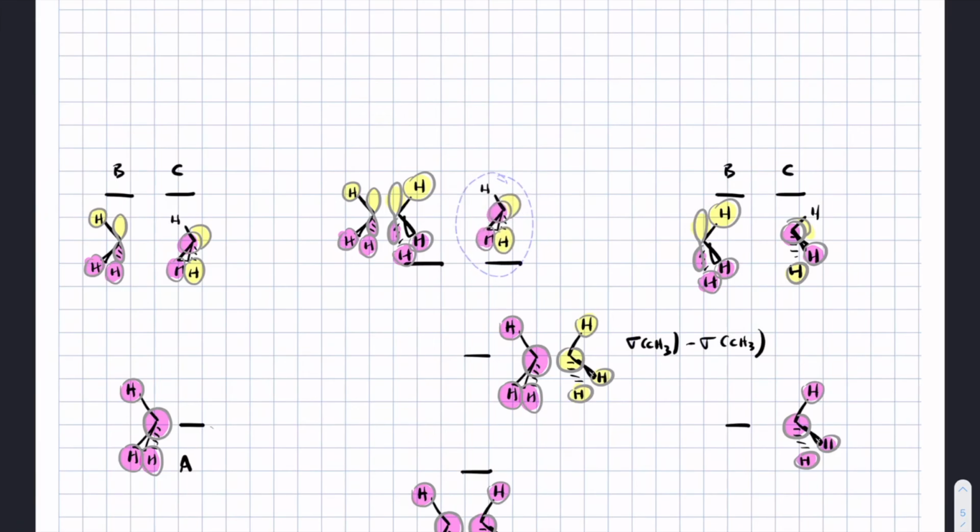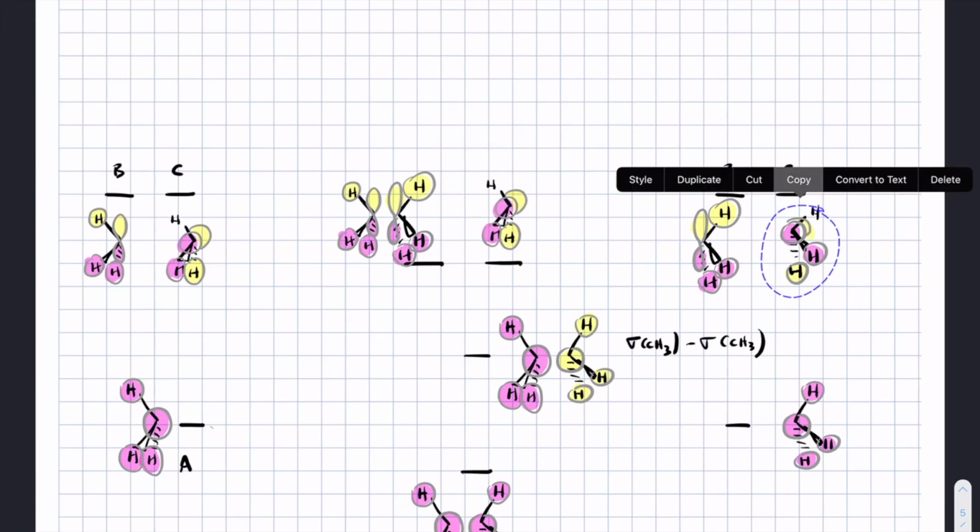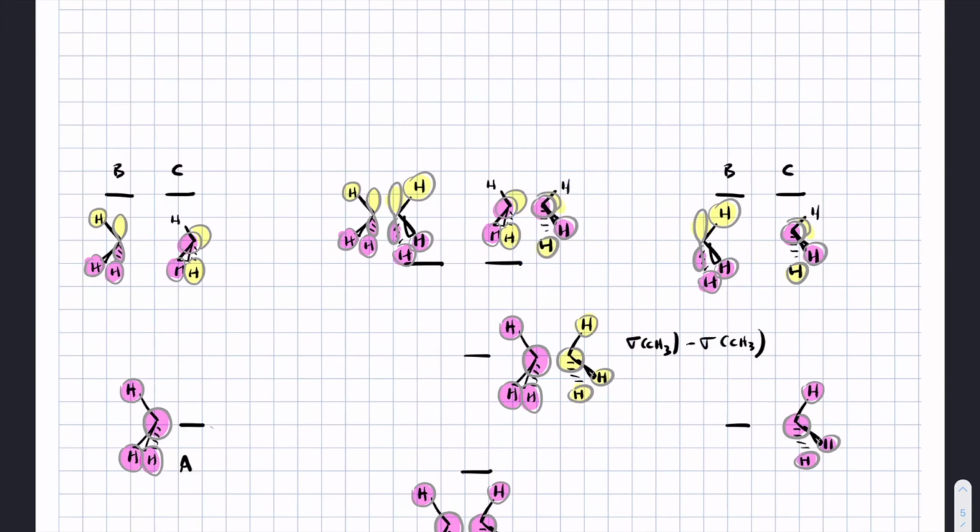And then we'll bring the other two together that have the same kind of symmetry. And these are both pi CH3, so these are the pi plus pi combinations. And then we would also draw the out of phase combinations.